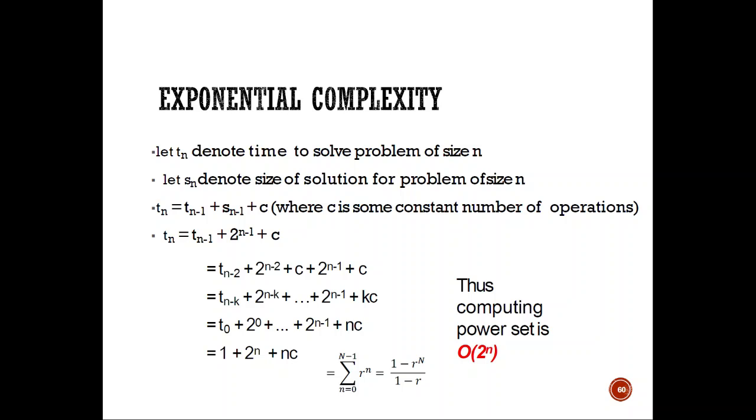Now the size of n minus 1 is 2 to the power n minus 1, and we can divide that further into n minus 2 and so on. So the overall time needed for n is 1 plus 2 to the power n plus n times c, which is the logarithmic addition. So to compute the power set, we need 2 to the power n number of operations.